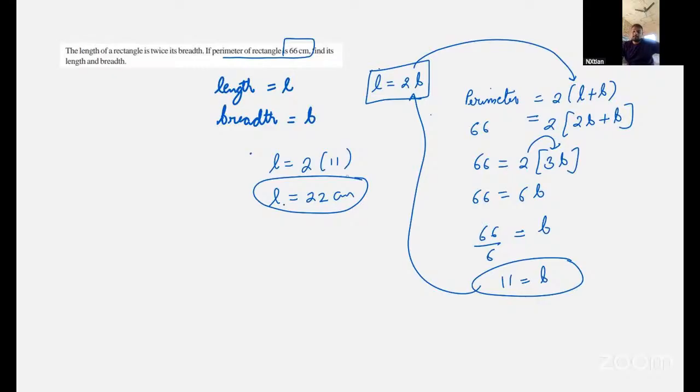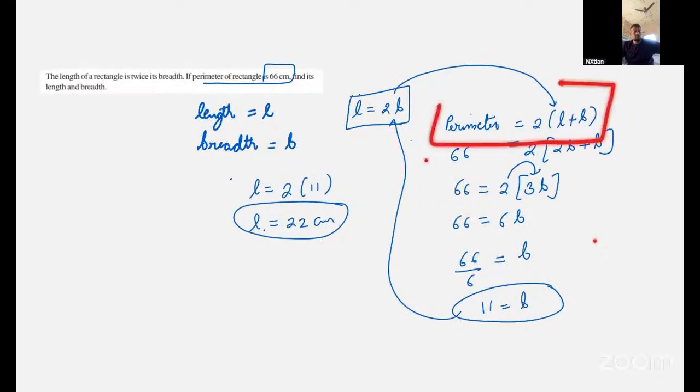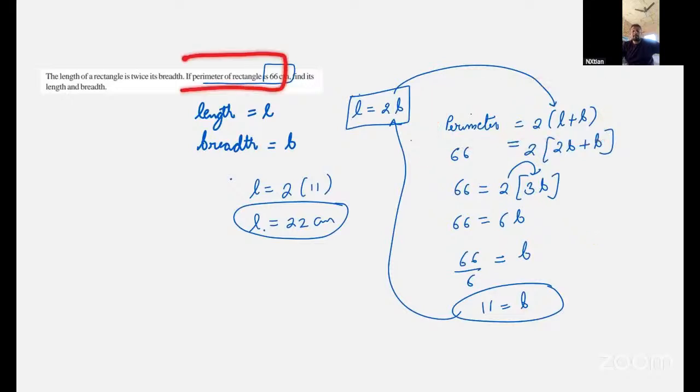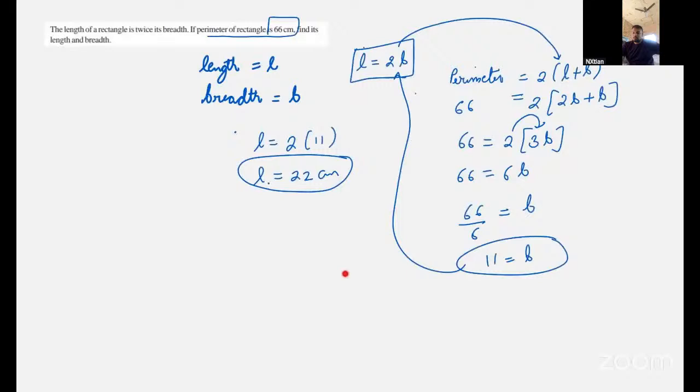This is the formula for the perimeter of a rectangle. The formula is 2 into L plus B. Then in that L, I put 2b because they are equal, so 2b plus b will become 3b. Got it? Yes, I got it.